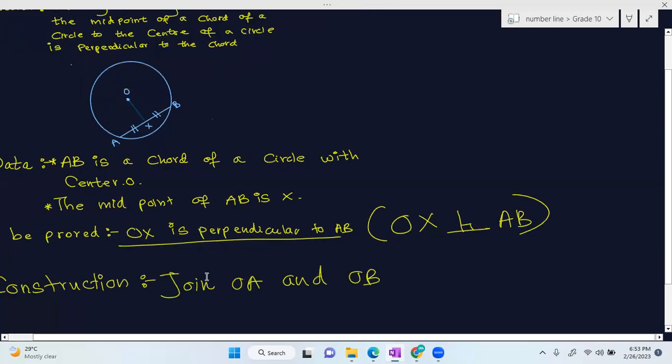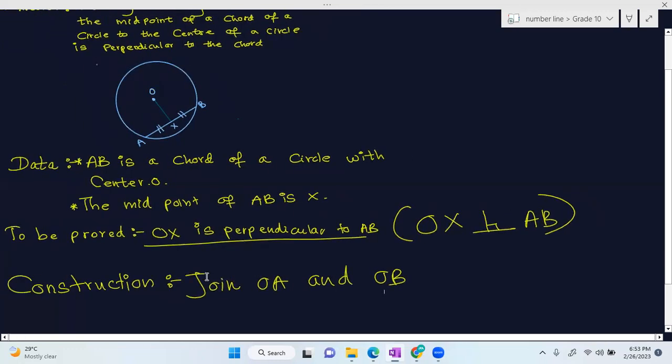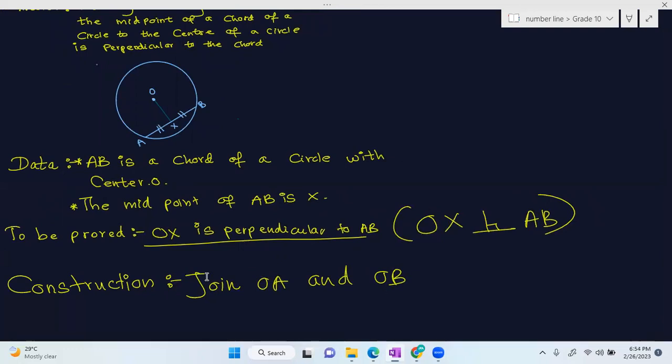Okay. Now how can we remember this? First of all remember that you have to write the data. That means what we know about the diagram. We know that AB is a chord of a circle with center O, and we know that X is the midpoint of AB.